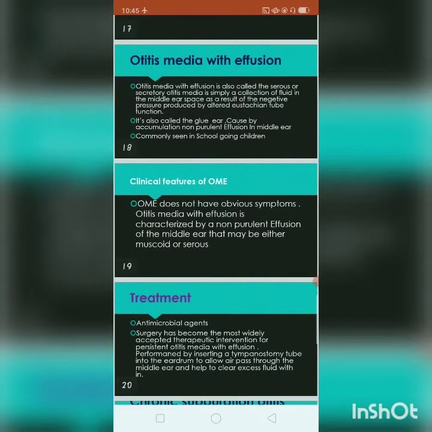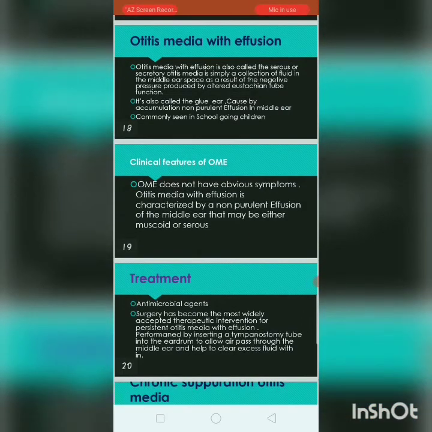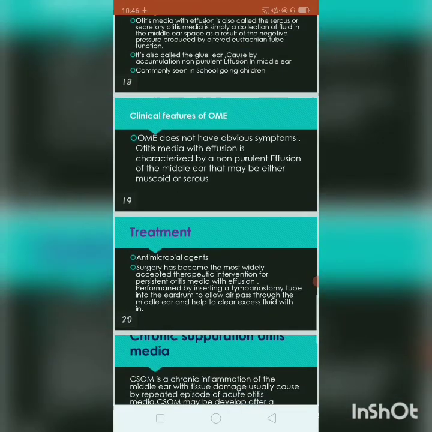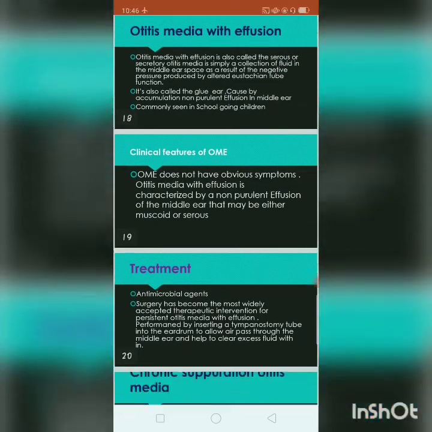It is also called glue ear, caused by accumulation of non-purulent effusion in the middle ear, commonly seen in school going children.